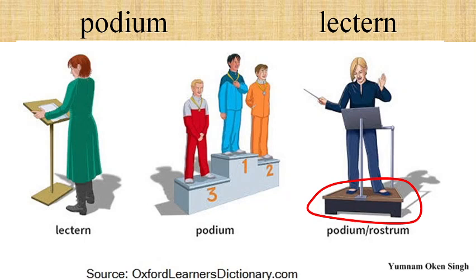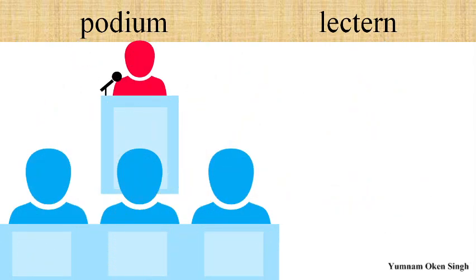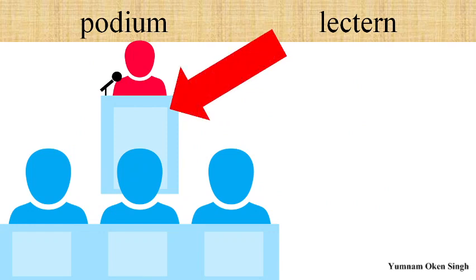At the same time, she's standing behind a lectern. And here also, the speaker is standing and speaking behind a lectern, not podium. Podium is on which we stand, and lectern behind which we stand while we give presentations or speeches.